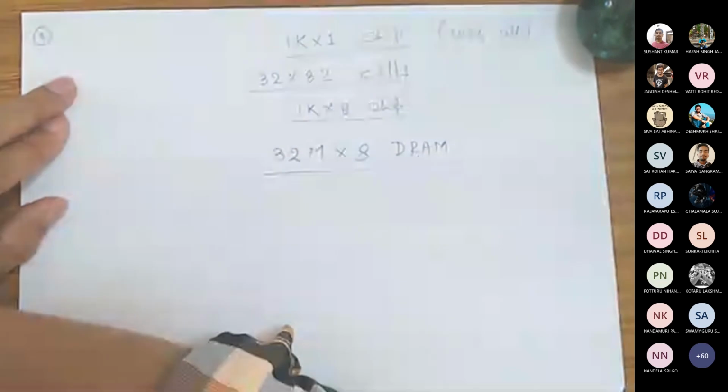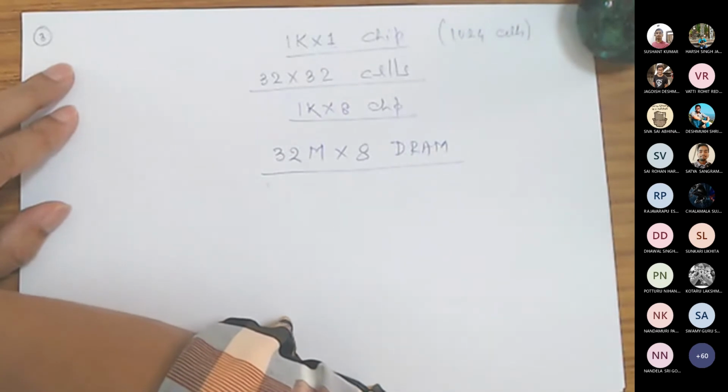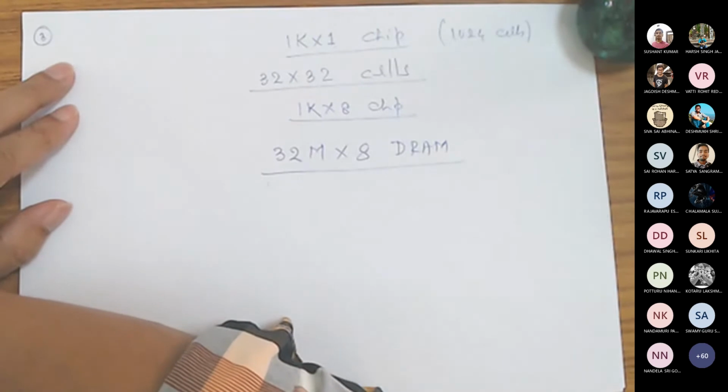At least when I was a student, I worked with only 256 kilobytes of memory, 1 MB, maybe 512 kilobytes, 1 MB maximum memory I saw. These days, you people go to market and buy 32 GB of memory. Okay, but our time it was maximum 2 MB, 4 MB, maximum 4 MB.